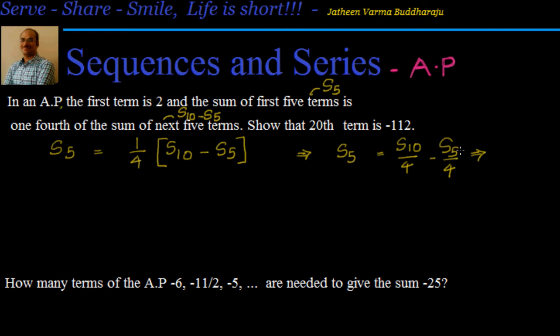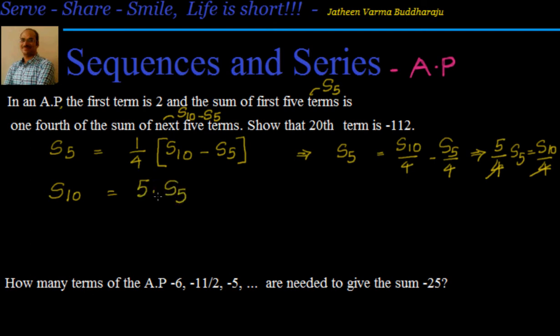Or I can bring S5 to this side. It becomes 1 plus 1 by 4, which is 5 by 4. So 5 by 4 into S5 is equal to S10 by 4. I can cancel 4 and say S10 is equal to 5 times S5.